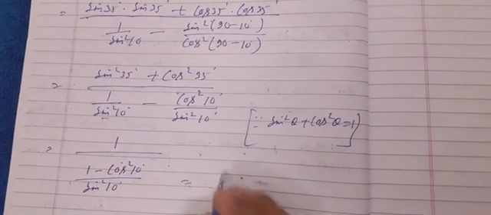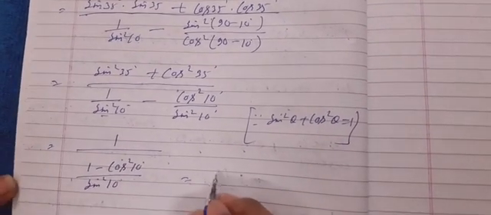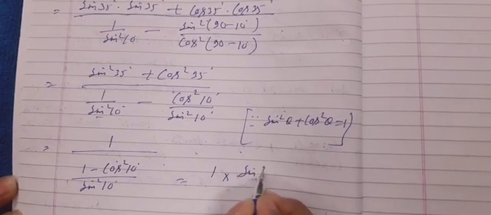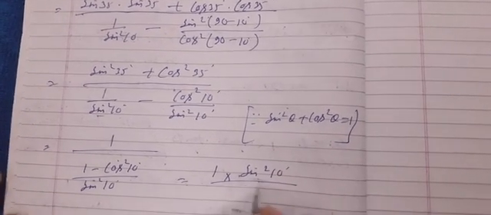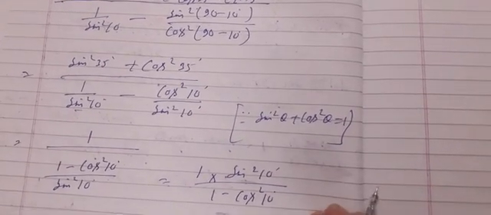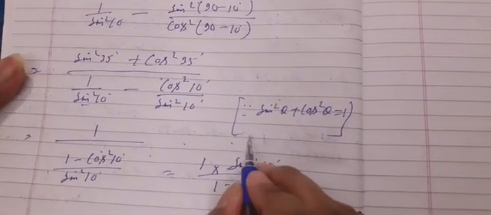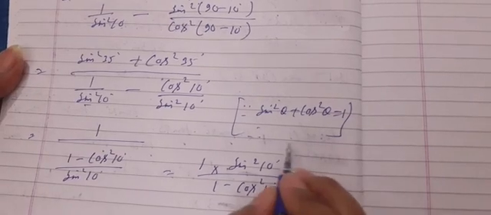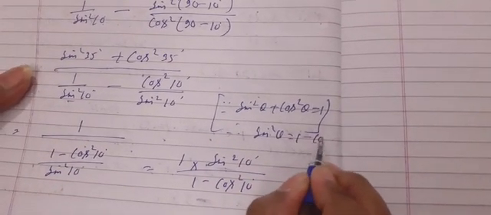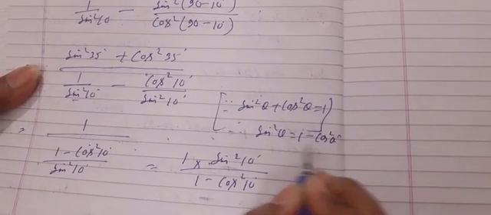Now we will write the reciprocal. 1 into sine square 10 degree upon 1 minus cos square 10 degree. Now see from here, 1 minus cos square theta means sine square theta.